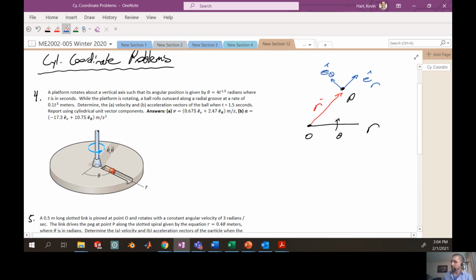Now, the lecture video goes over all the gory details about how we define velocity and acceleration. But in the end, for each one of these problems, if we're looking at calculating velocity and acceleration, we ultimately want to get to a point where we can calculate velocity using something that looks like this: r dot e hat r plus r theta dot e hat theta.